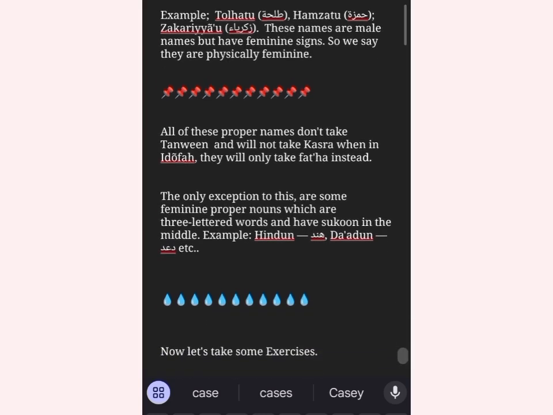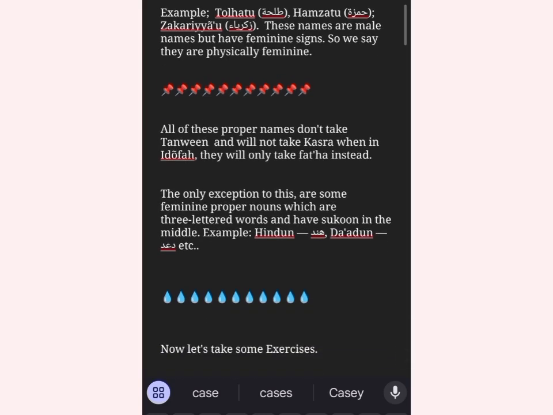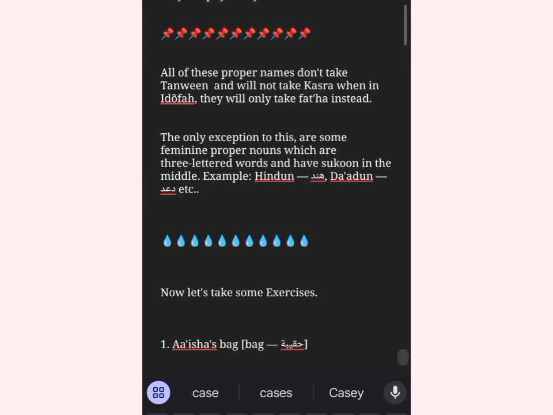Now, all of these proper nouns don't take tanween and they don't take kasra. They will take fatha in place of kasra. So we say they are ism la yansarif, mamnu' min as-sarf, nouns that do not change.